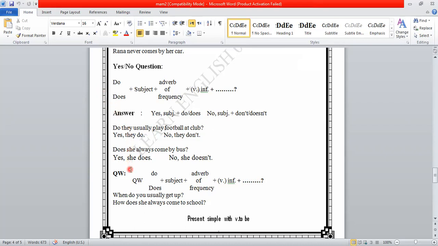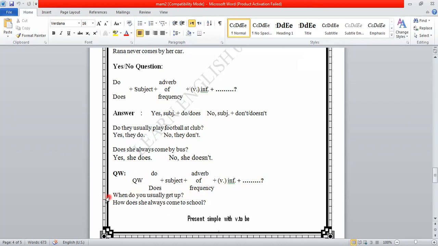Like these question words. We put the question word at the first of the question, then we put do or does related to the subject, and the adverb of frequency, then the verb in infinitive form.